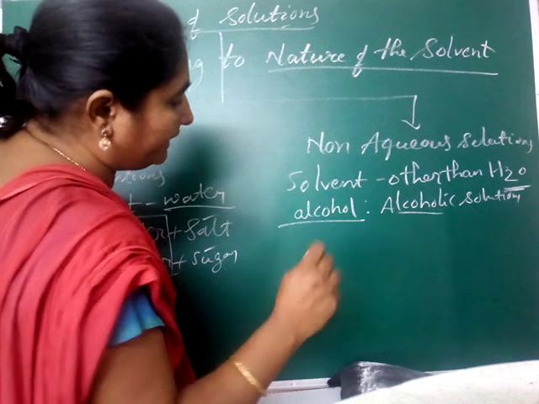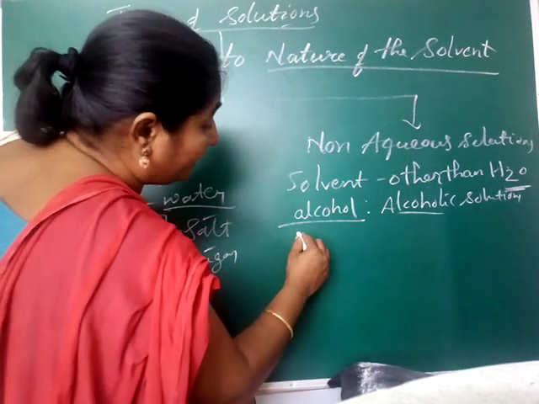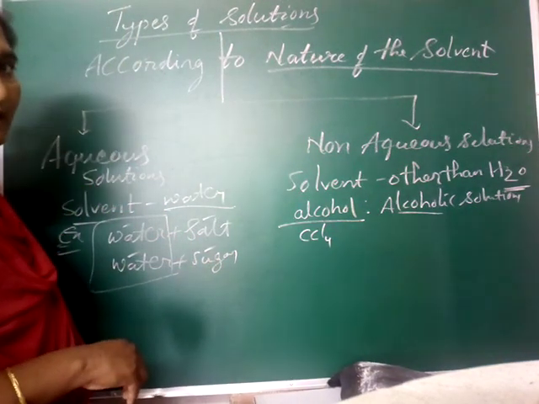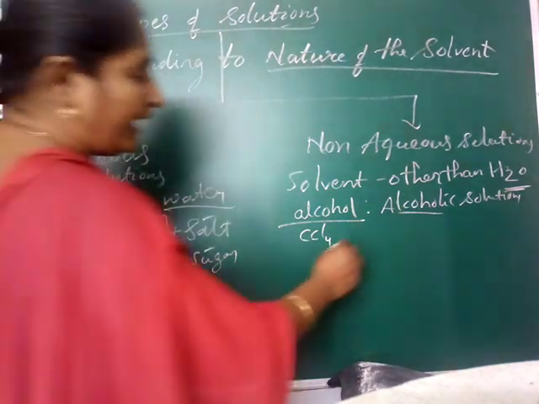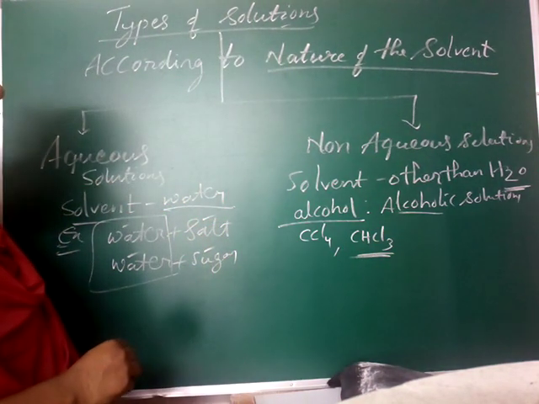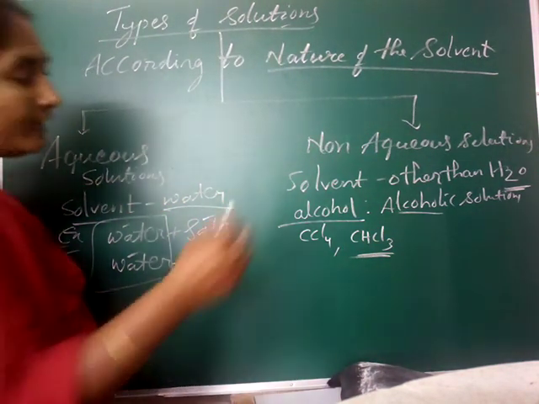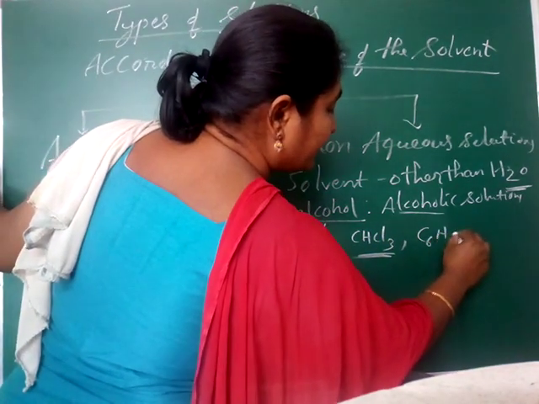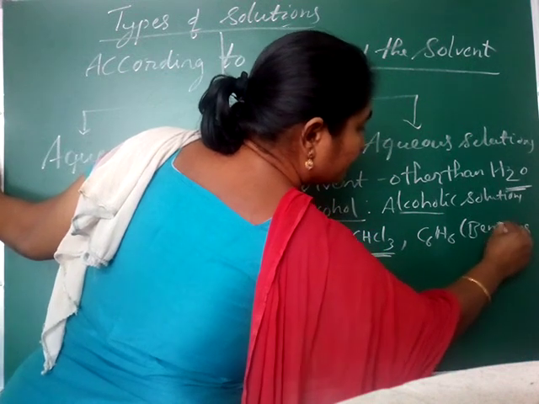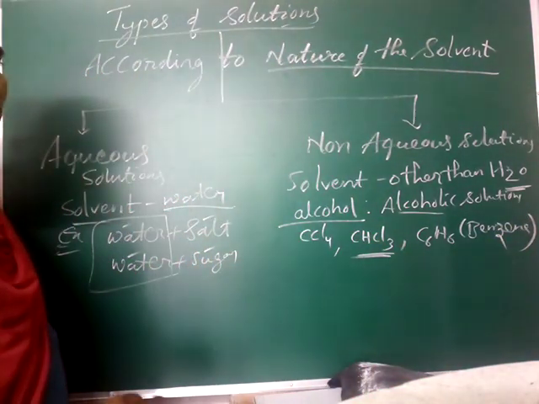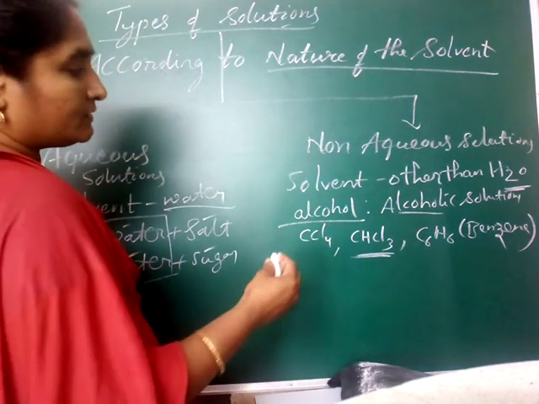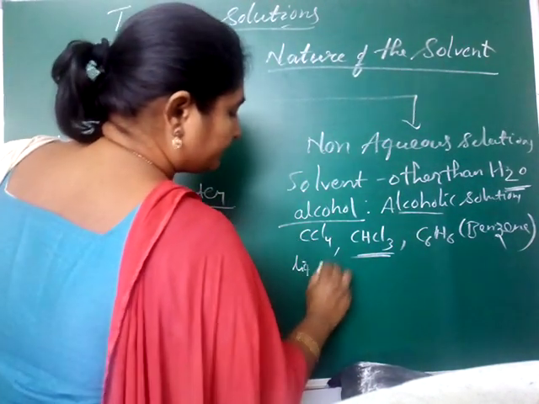Another one is carbon tetrachloride, which may be taken as a solvent. And chloroform, CHCl3, is also used as a solvent for some purposes. And benzene, C6H6, is also taken as a solvent in some places. And like that, many others, such as liquid ammonia.